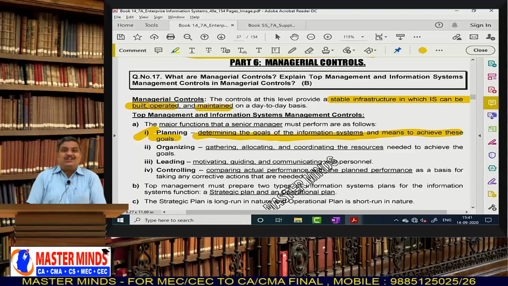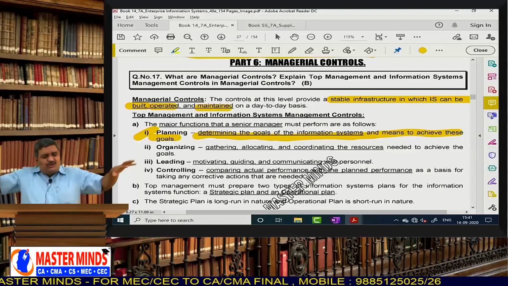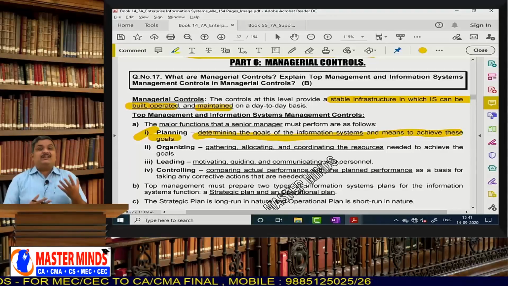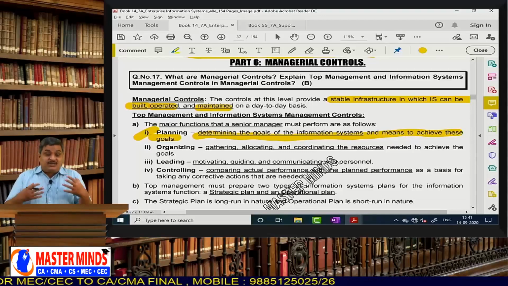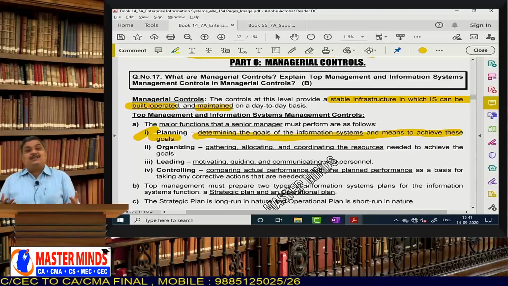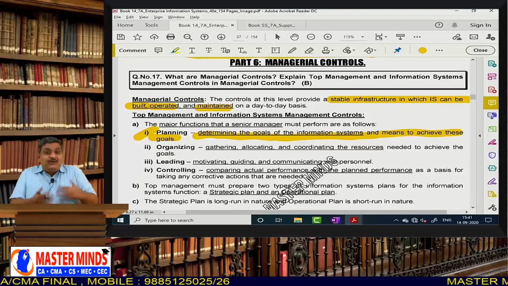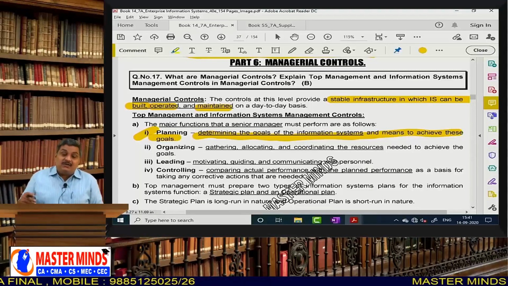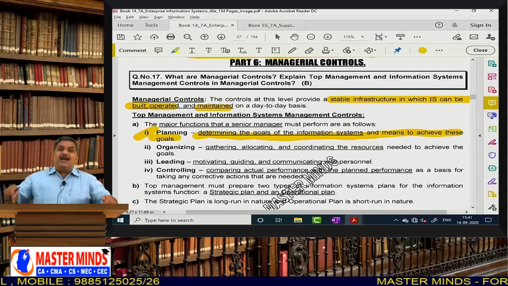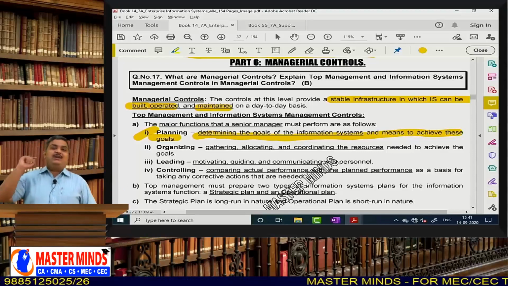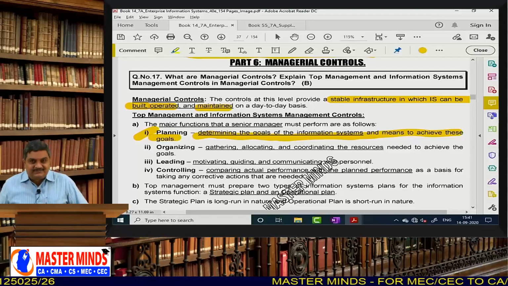These computers are all used for transaction purposes, but we want business intelligence. We want some data to take decisions, and that data we are not getting. So when will you get that information? When you set up an information system separately, only then will you get that information.